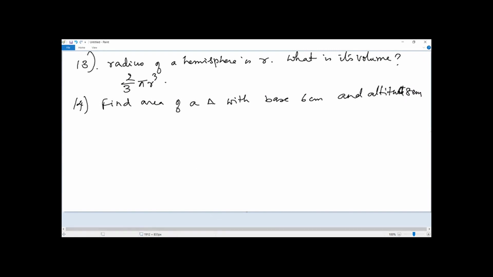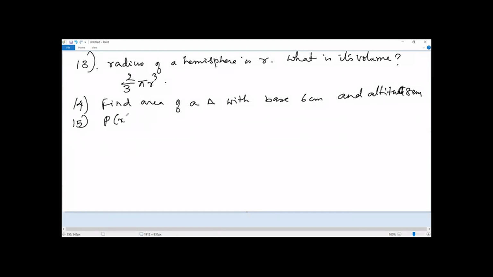Sanjana Chittapache, can you answer this? Find the area of a triangle with base 6 centimeter and altitude 8 centimeter. What is your answer? 24, ma'am. Correct. 24 centimeter square. Next question.